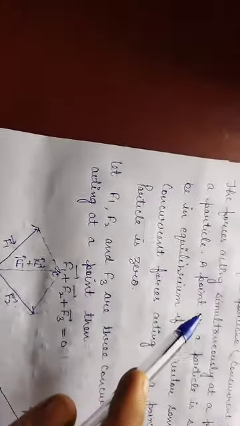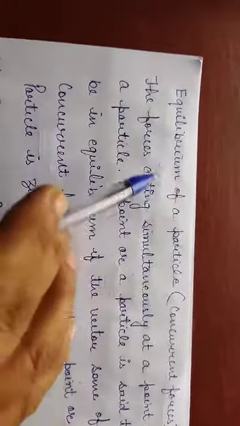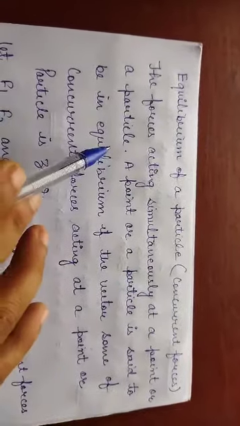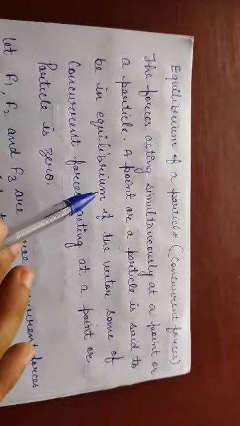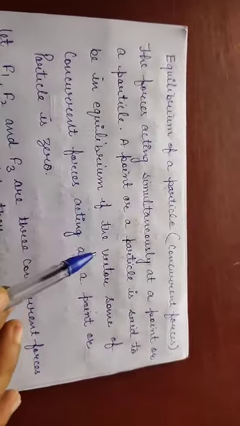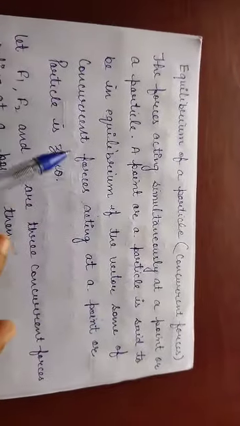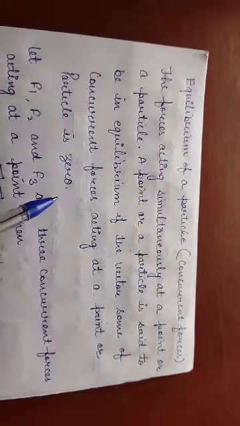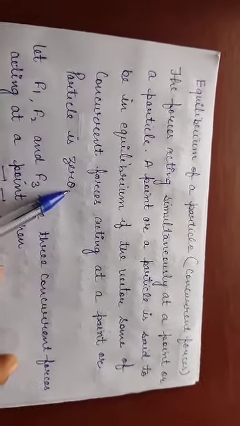So concurrent forces are the forces acting simultaneously at a point or a particle, and the point or particle is said to be in equilibrium if the vector sum of the concurrent forces acting at it is 0.